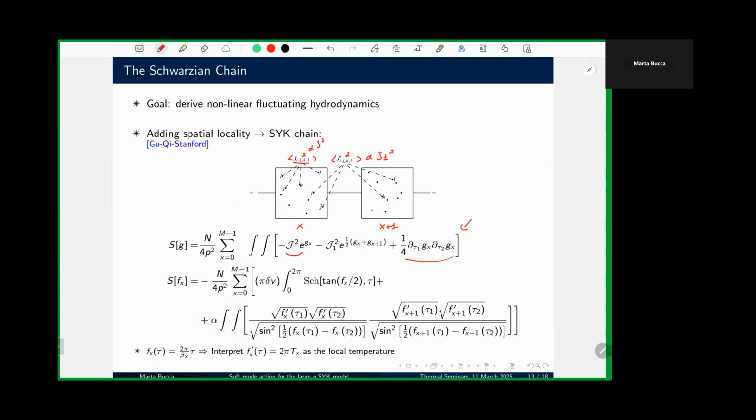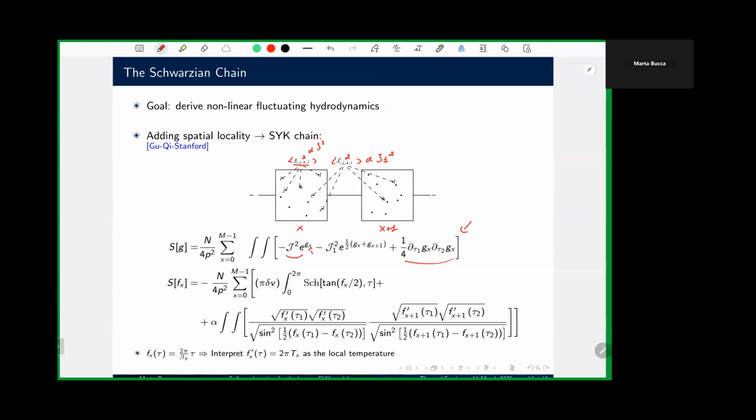However, now since you are building a lattice, you have an extra subscript for your field G, this x subscript that you have here, that tells you on which site you are, and then of course you're summing over all of the lattice sites, and then you have your nearest site interaction term, that is this one. So minus J1 squared e to the 1/2 g_{x+1}.